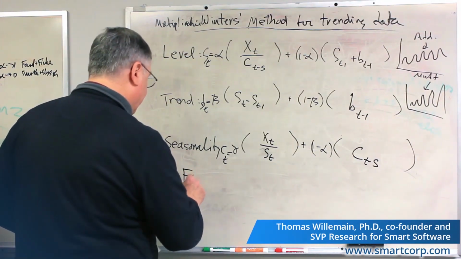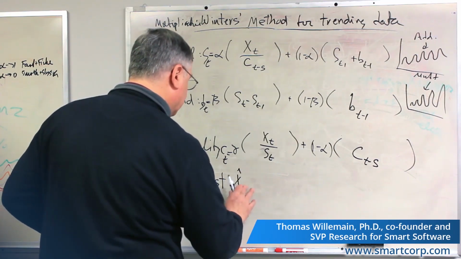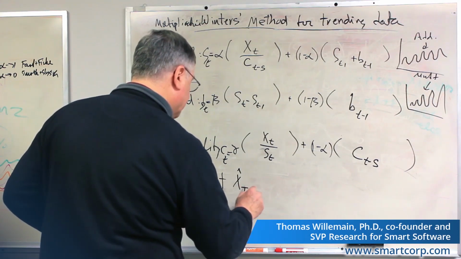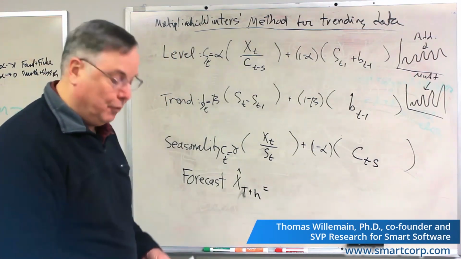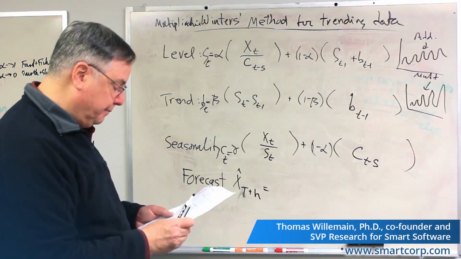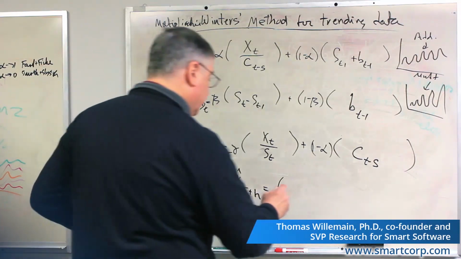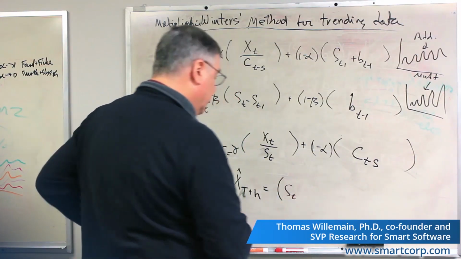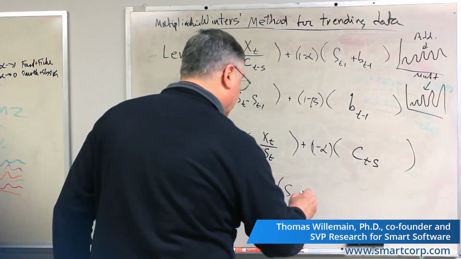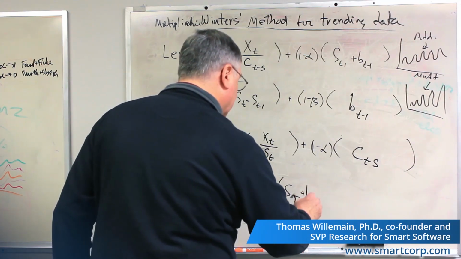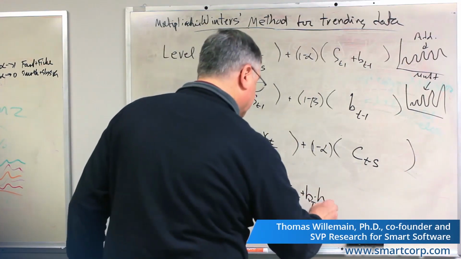So if you're making your forecast, say x hat at the current time plus some horizon, like maybe 1 month ahead or 3 months ahead, 24 months ahead, we would say, just as we did with Holt's method, our current idea of the middle of the data, S at capital T, plus the slope, the trend estimate we think, times H periods ahead.